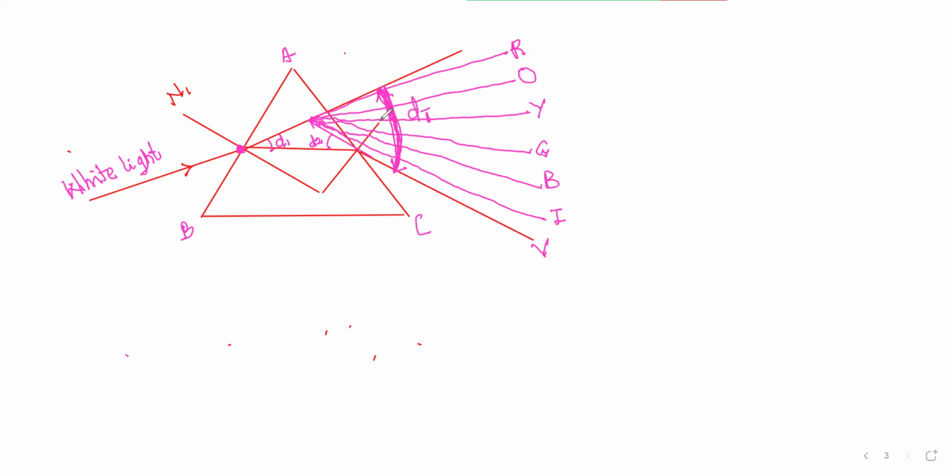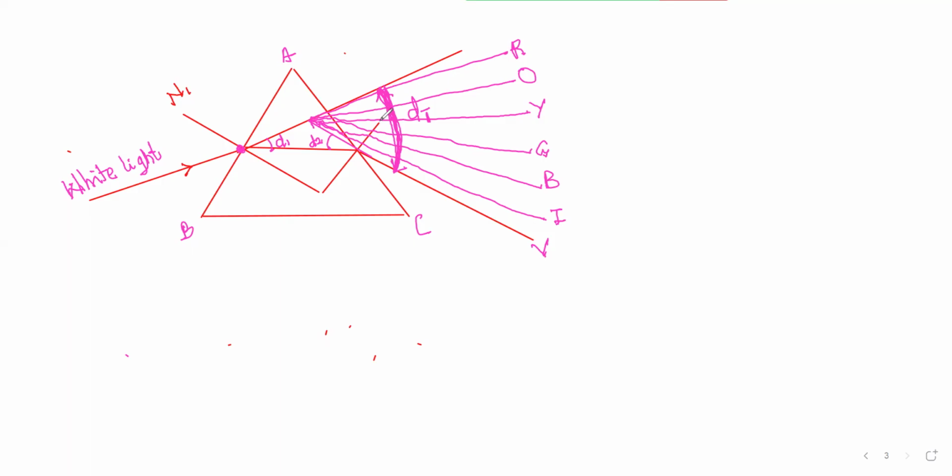Class, are you okay? Red is the least deviated. If red is the least deviated, then it means the refractive index of the color red is less. Violet is the most deviated, meaning that the refractive index of the color violet is high.